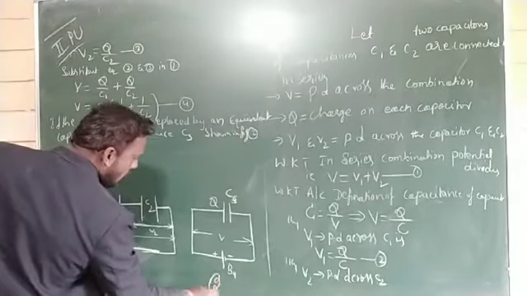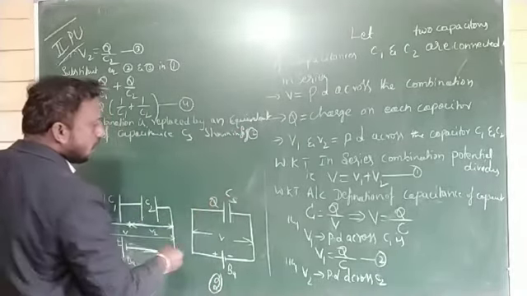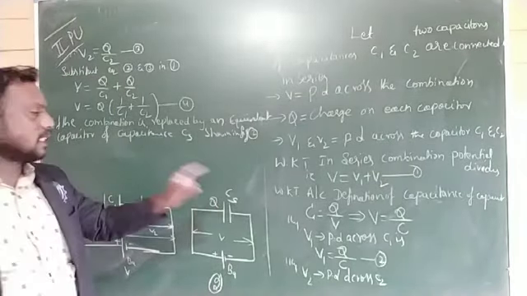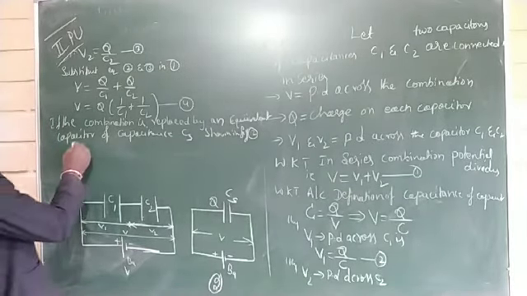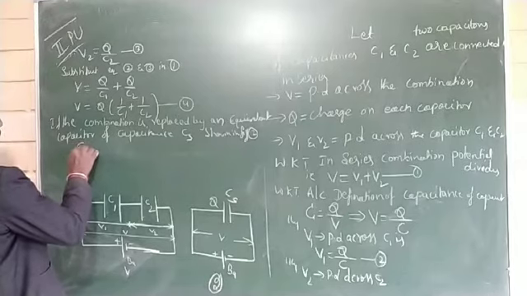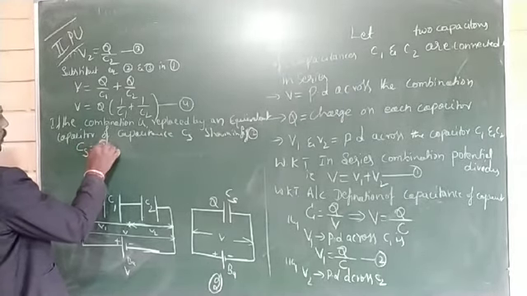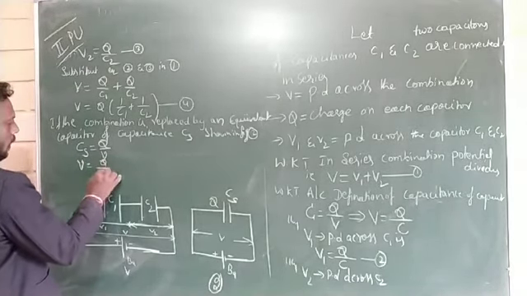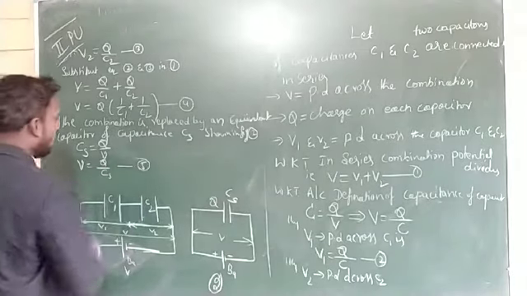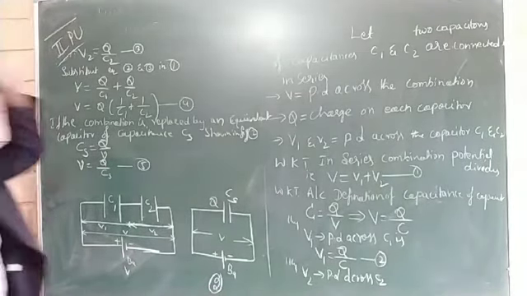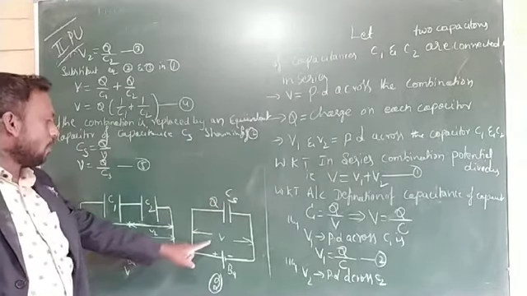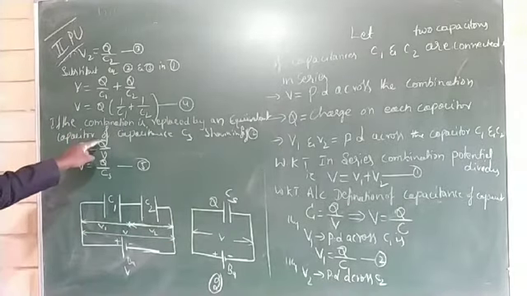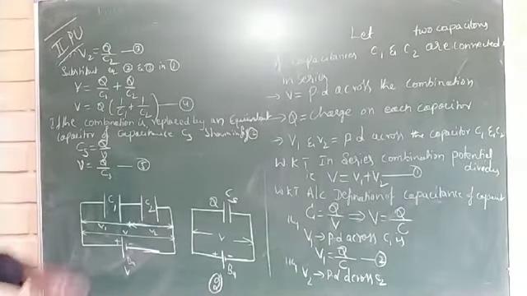This is the equivalent capacitor of capacitance CS. Therefore, CS is equal to Q divided by V, so V is equal to Q divided by CS. Equation number 5. The charge on the equivalent capacitor is Q, and the potential difference across it is V.